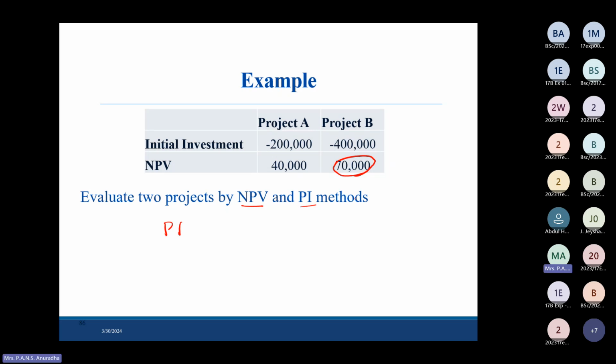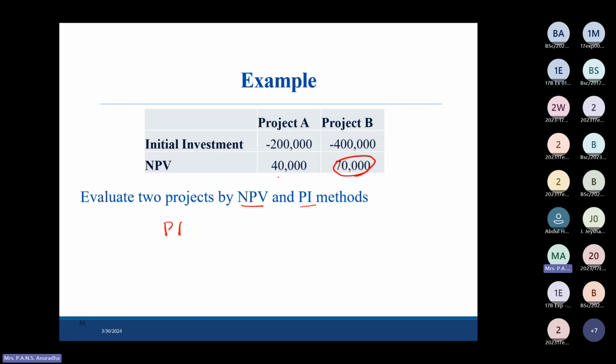For project A, there is a positive NPV of 40,000.